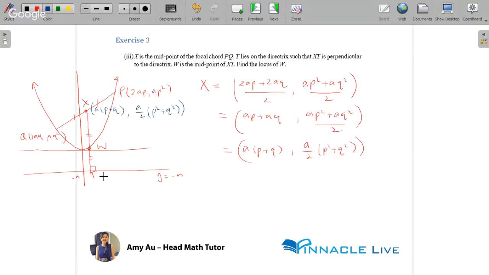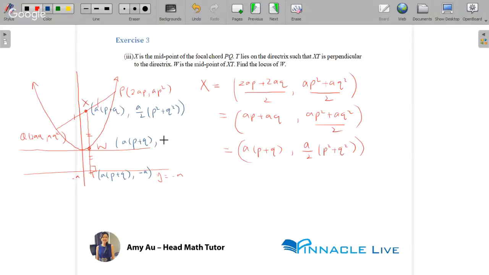All right, so T is directly below X, so it should have the same x coordinate, and the y coordinate is minus a. By the same logic, W is lying on a vertical line, so it should have the same x coordinate. Even if you apply the midpoint formula, you'll get the same x coordinate.